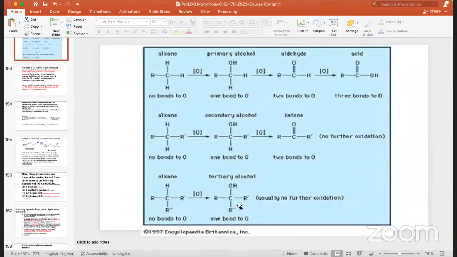And for a tertiary alcohol, because the carbon bonded to the OH, unlike the others that have one or two extra hydrogens bonded to it, there is no carbon to hydrogen bond on the carbon bonded to the OH of a tertiary alcohol, no hydrogen there. That is why a tertiary alcohol will not undergo oxidation.